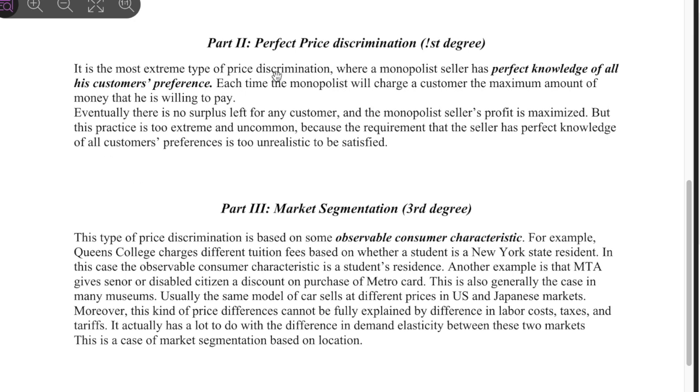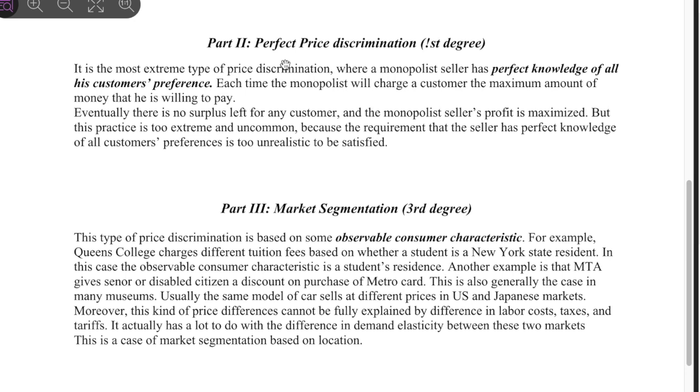So part 2, perfect price discrimination. The definition: it is the most extreme type of price discrimination where a monopoly seller has perfect knowledge of all his customers' preferences. Each time the monopolist will charge a customer the maximum amount of money that he's willing to pay.